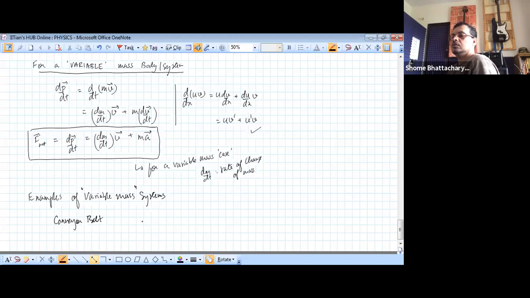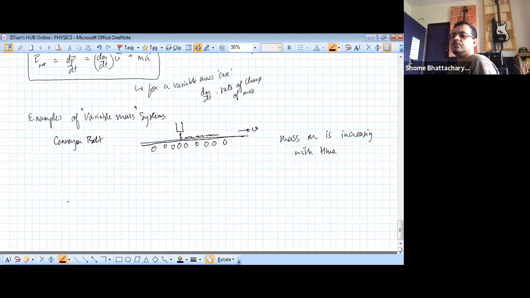Okay, so we have this kind of belt which is on rollers, and as the belt is moving like this, constantly mass is being added to it. Its mass is increasing with time. That is, if mass is not being removed somewhere else. We're just assuming right now mass is being added. So as the belt is moving forward, mass is being added to it. The total mass of that belt system is increasing with time.